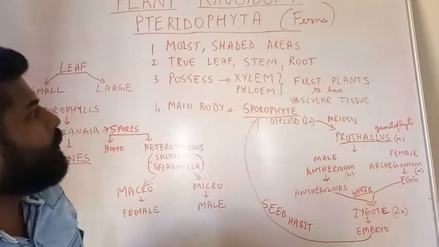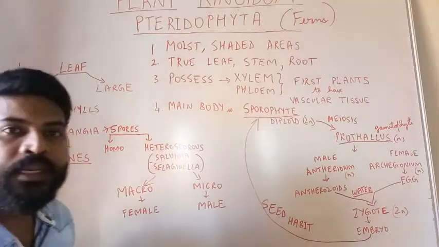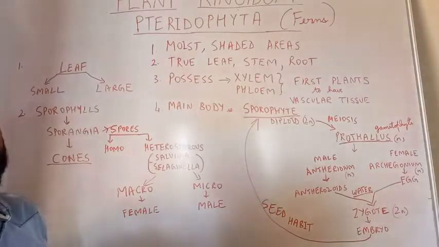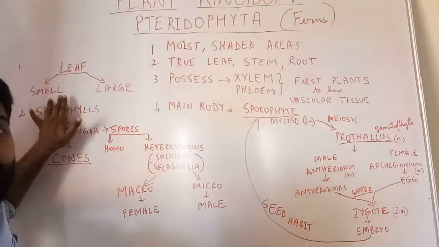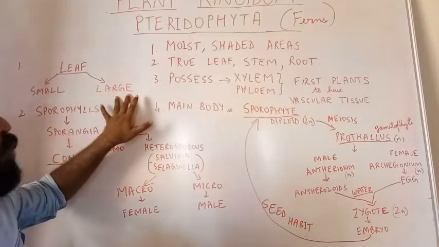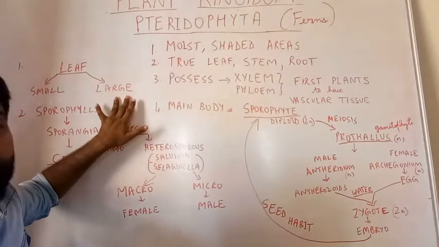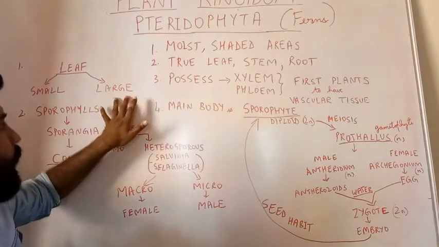Now the stem bears leaves which are green in color, photosynthetic. The leaves may be small, called microphylls, as seen in Selaginella, or large, called macrophylls, as seen in ferns.